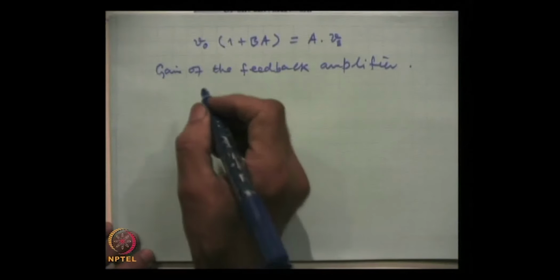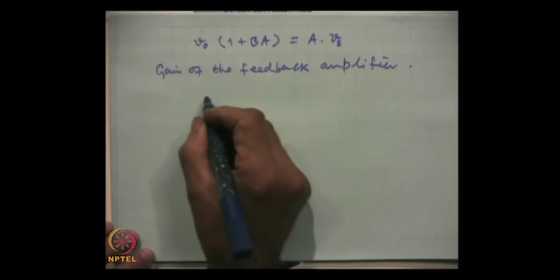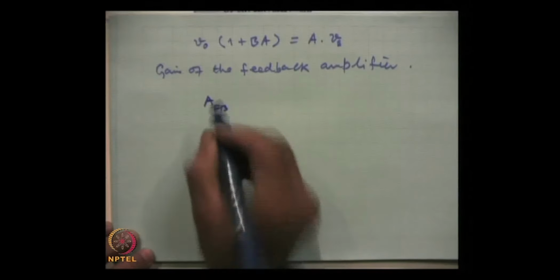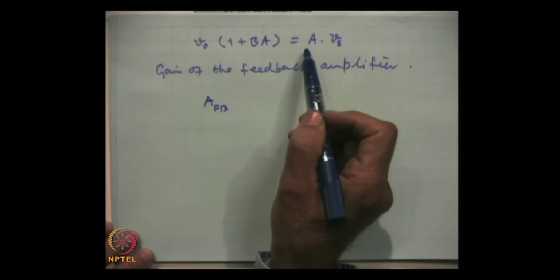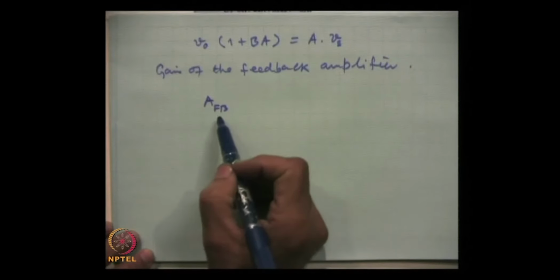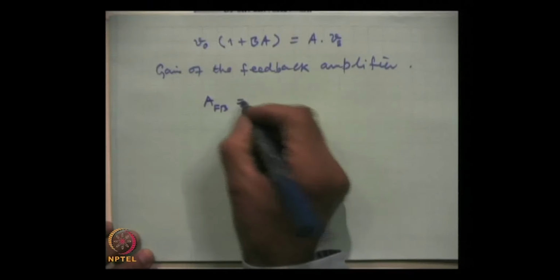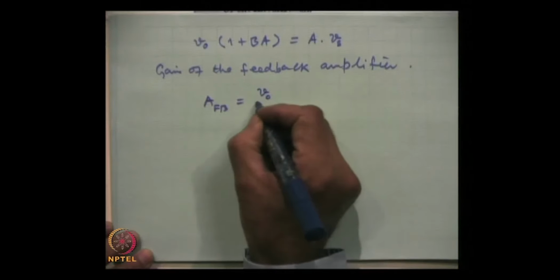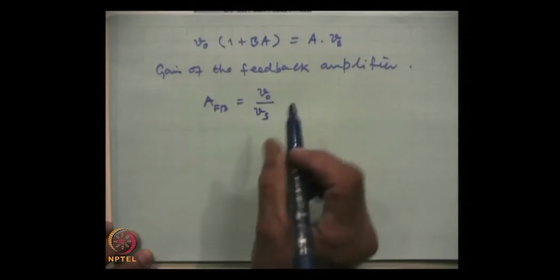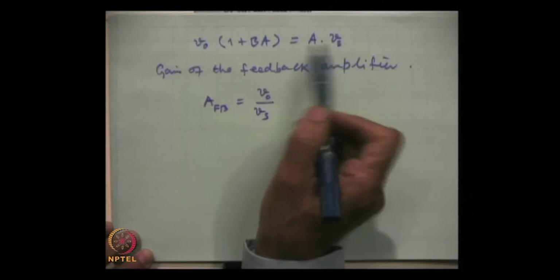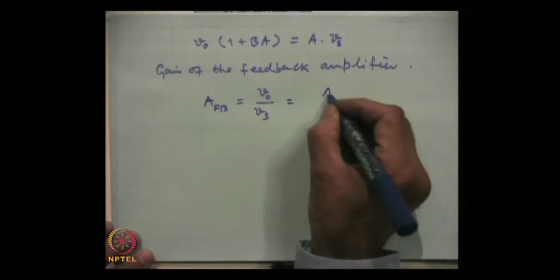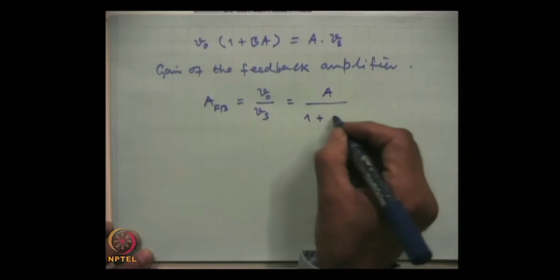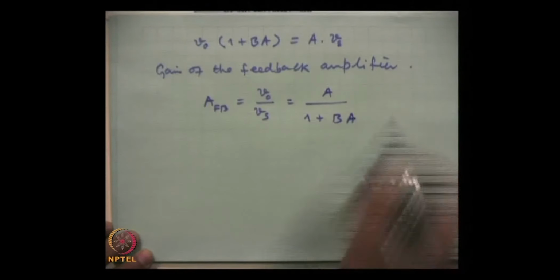So, we write this gain as AFB, FB for feedback. A was open loop gain, that means gain of the amplifier having no feedback. This is with feedback. So, this is obviously equal to V0 by Vs, and from this equation, it simply becomes equal to A divided by 1 plus B A.